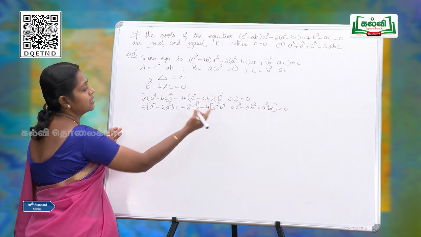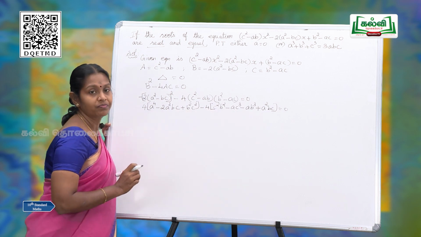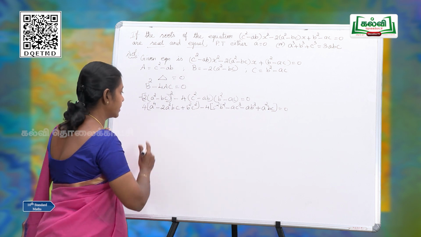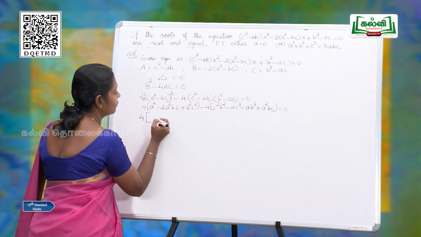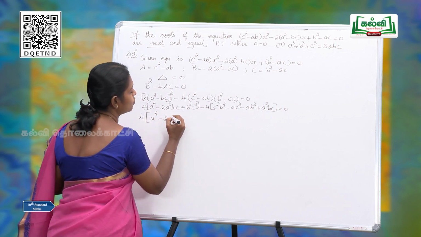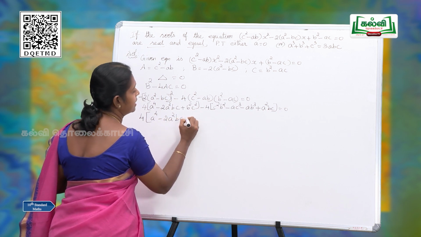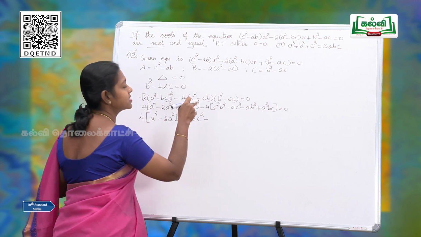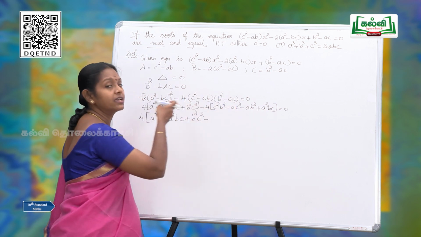Now see, there are only two terms now. So in these two terms, what is the common? 4. You have to take it out. So it will be 4 of a to the power 4 minus 2a squared bc plus b squared c squared, minus, I am just taking this minus inside because I have taken 4 out.